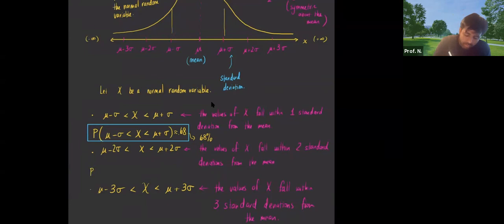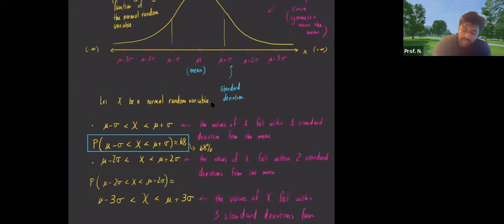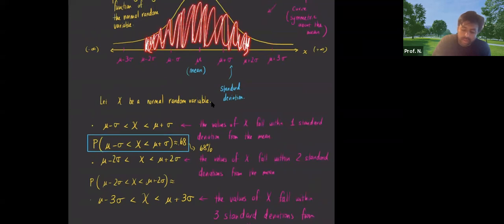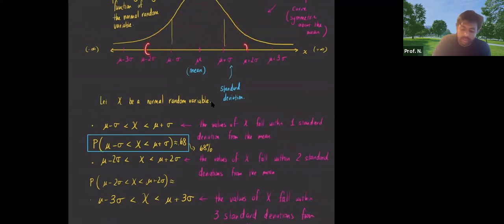And the same thing goes for mu minus 2 sigma to mu plus 2 sigma. So what is this saying? It's saying that the probability that my random variable attains a value within 2 standard deviations from the mean is the area of this region, anything between this interval.